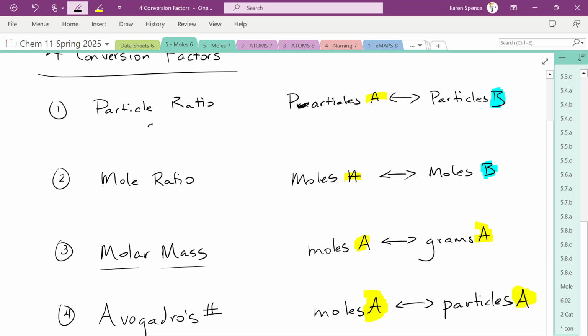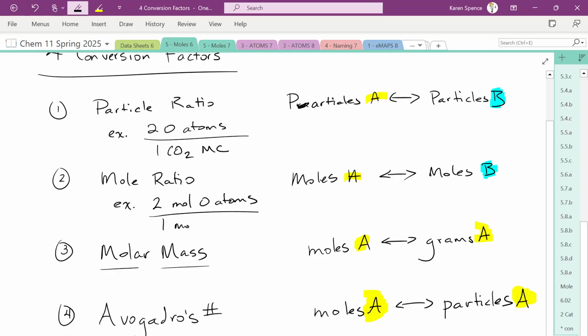So particle ratio, for example, 2 O atoms per 1 CO2 molecule. Mole ratio, for example, 2 moles of O atoms per 1 mole of CO2 molecules.